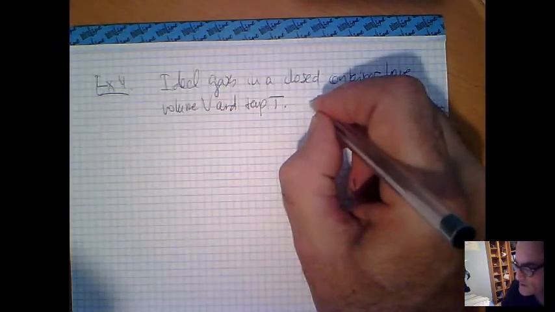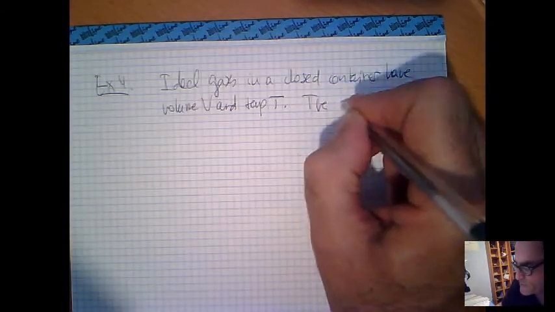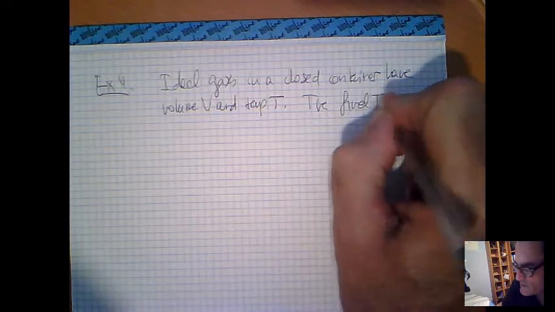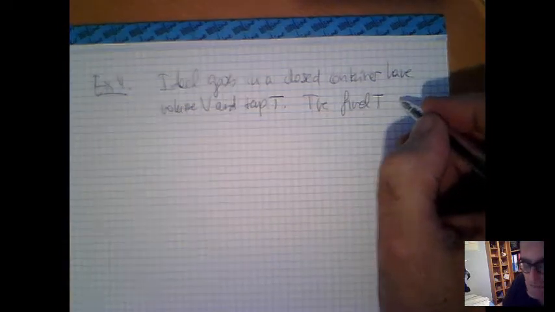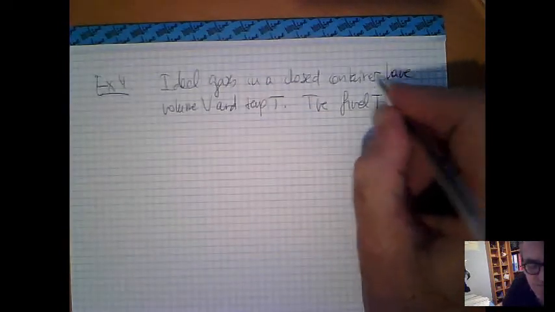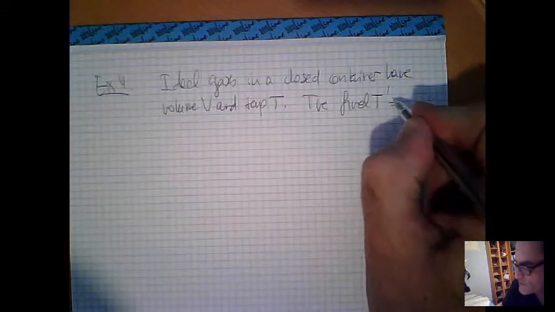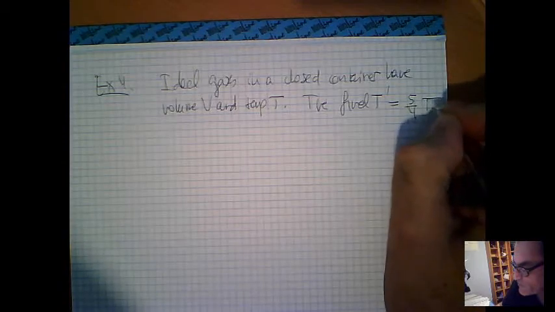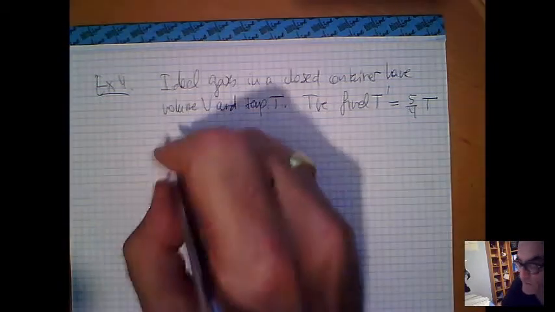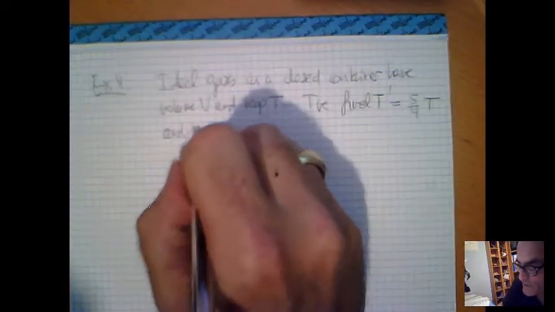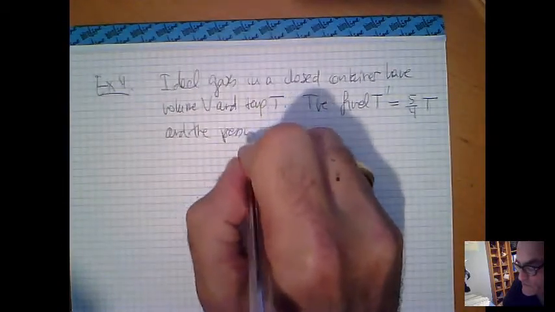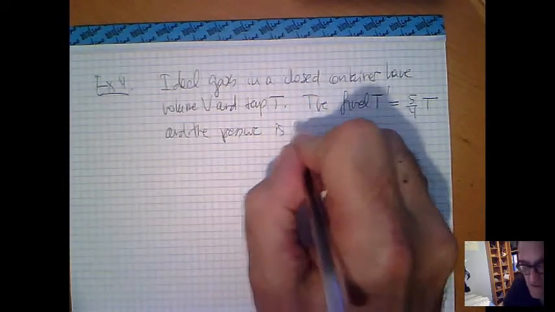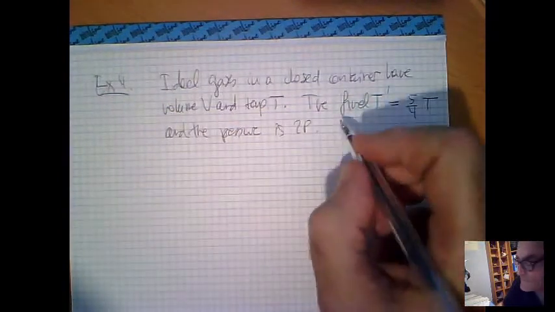The final temperature, let's call it T prime, is 5/4 of the initial temperature, and the pressure is 2P.